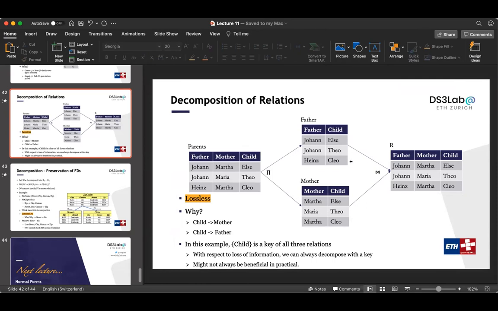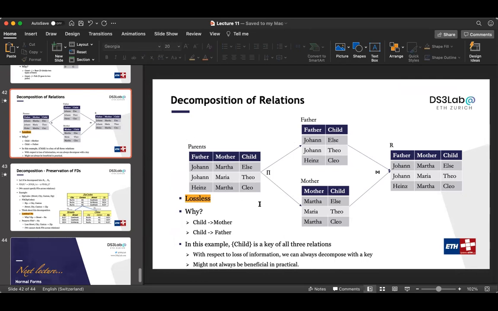But if I insert one more entry to the father and mother child tables with the following information, the child name is Els, the father name is Johann 1 or Johann 2, then I'm not going to have the lossless decomposition anymore, because it was just correct in this distinct case.